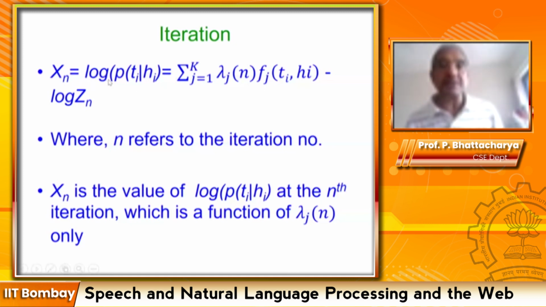Now these lambda values appear in the probability of ti given hi expression, and that log of p(ti given hi), I call it xn, the value of x at the nth iteration. And what is x? x is this log of probability ti given hi. So this is the expression I have in front of me, and n refers to the iteration number. xn is the value at the nth iteration.